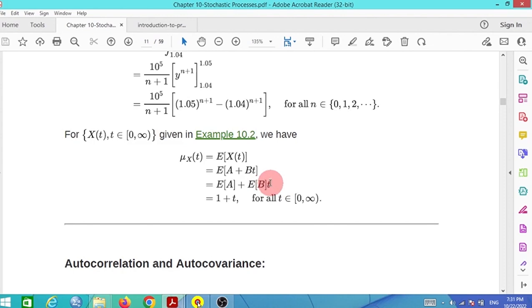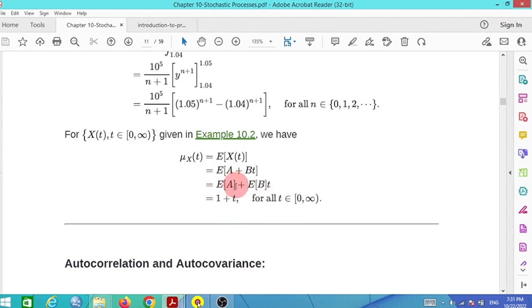Go back to chapter 3 and chapter 4 and study the properties and definition of expected value. So t is constant, it comes back out.